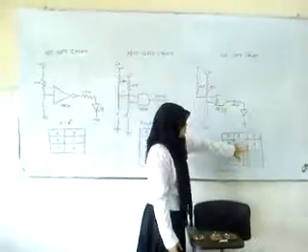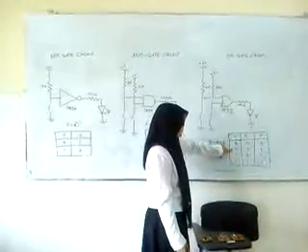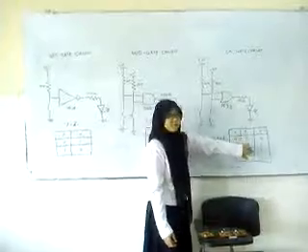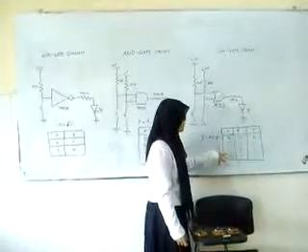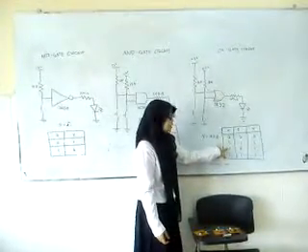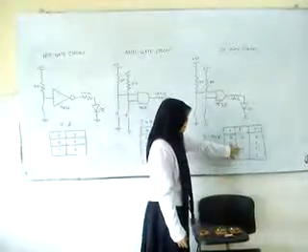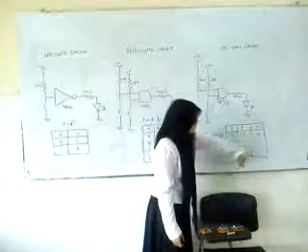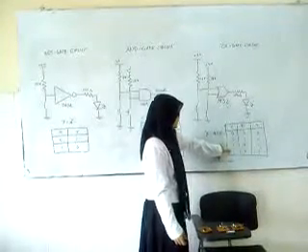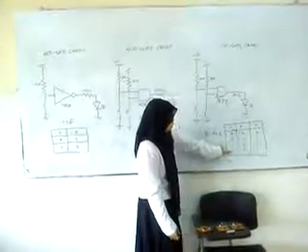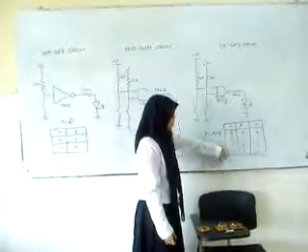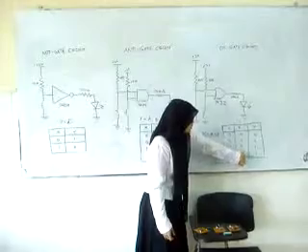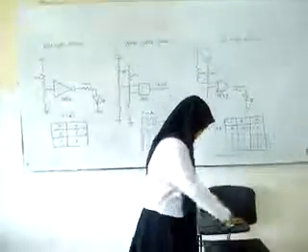And the first input is low and the second input is high, the output is high, the LED is on. And the first input is high, the second input is low, the output is high, the LED is on. And the first input is high, the second input is high, the LED is on.